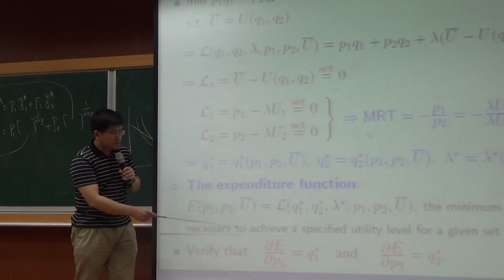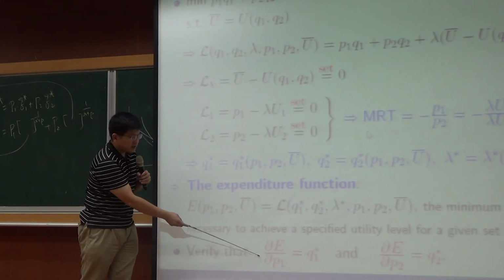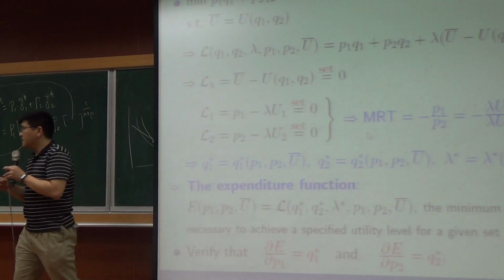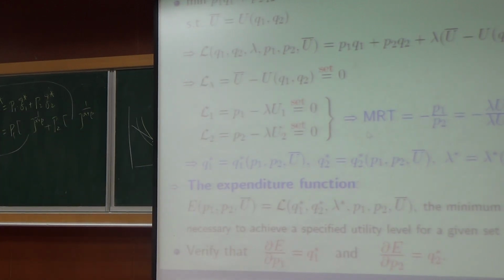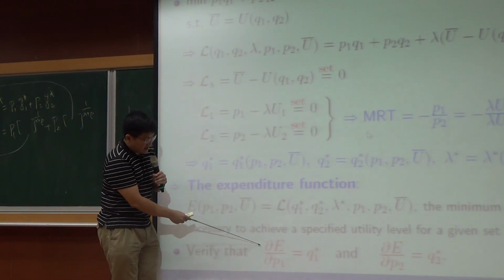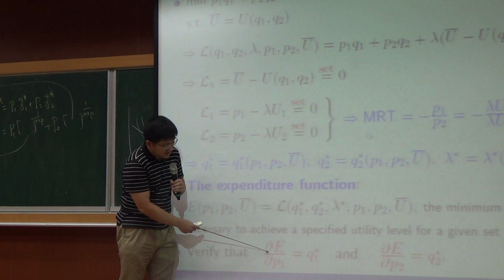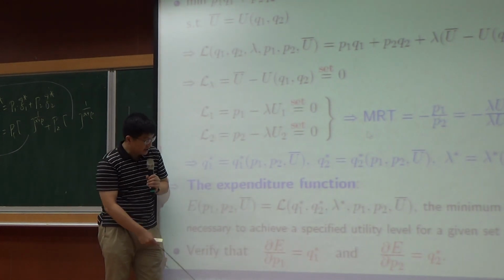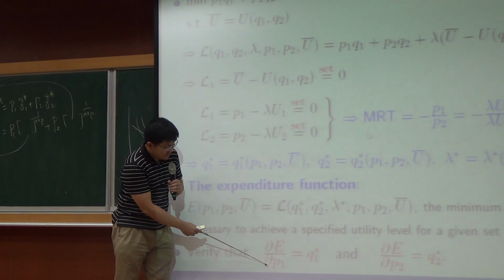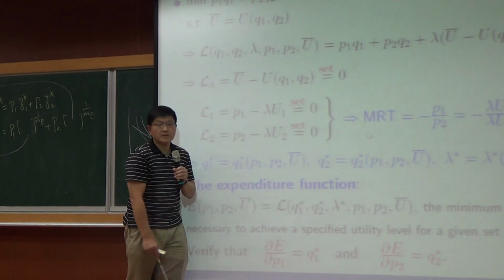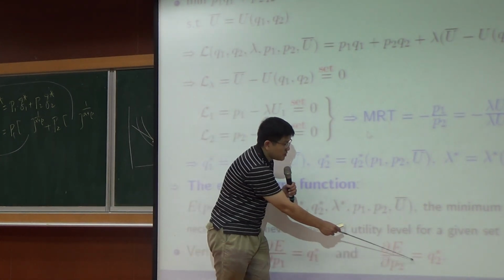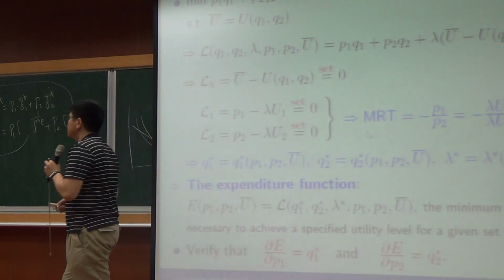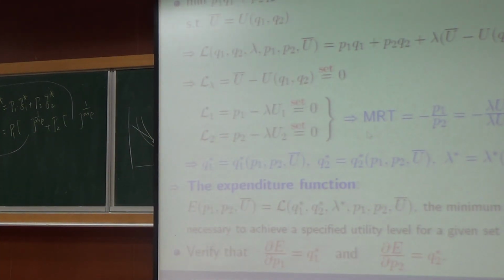And you may verify this using the same procedure as in the previous slide. You have this. The marginal expenditure caused by a unit increase of P1 would be Q1 star, and this would be Q2 star. What does it mean?